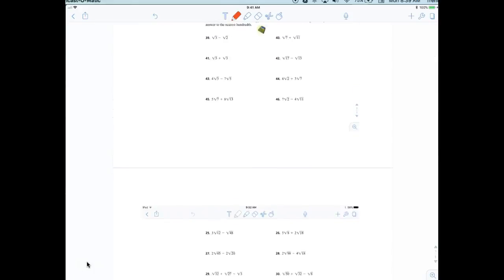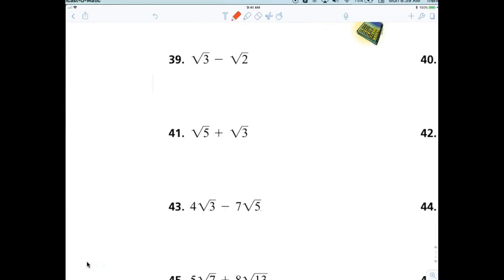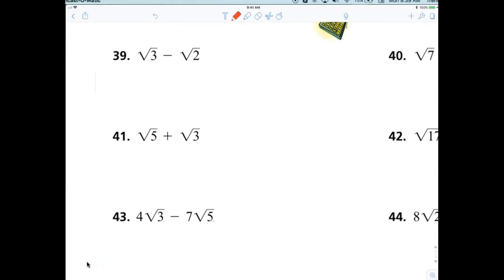Okay. So now, everybody on question number 39. All right, all you're doing is typing in the square root of 3 minus the square root of 2. And it says to round to the nearest hundredth. So the square root of 3 minus the square root of 2 is about what? 0.317.